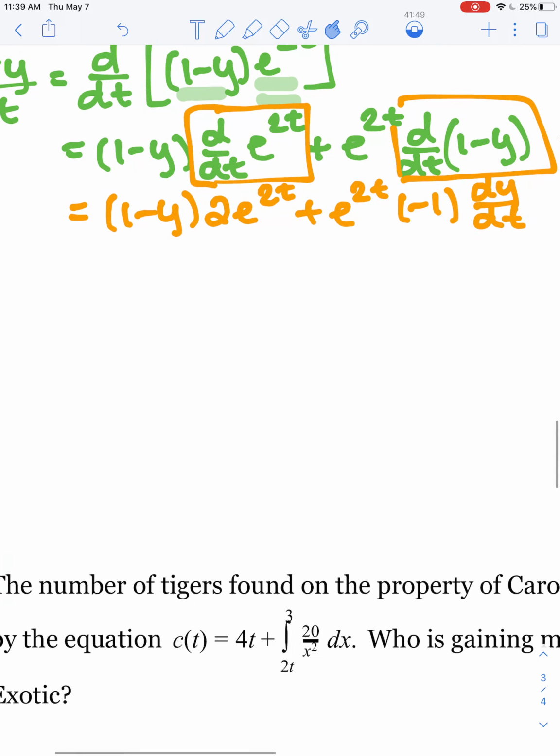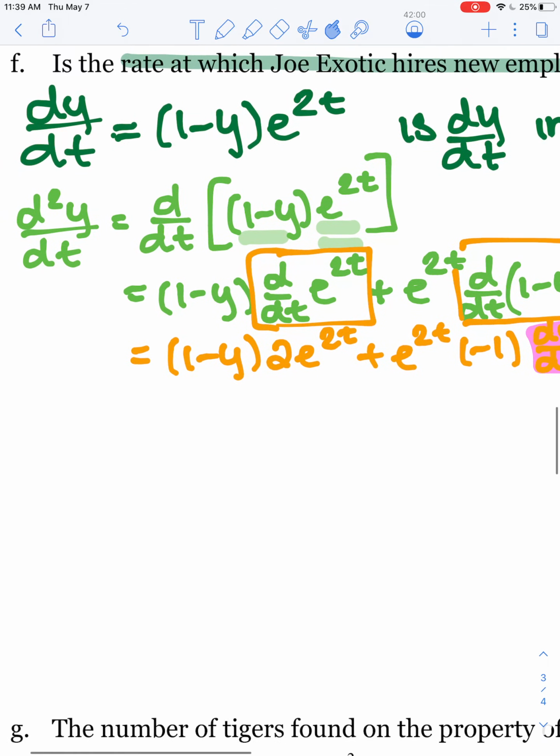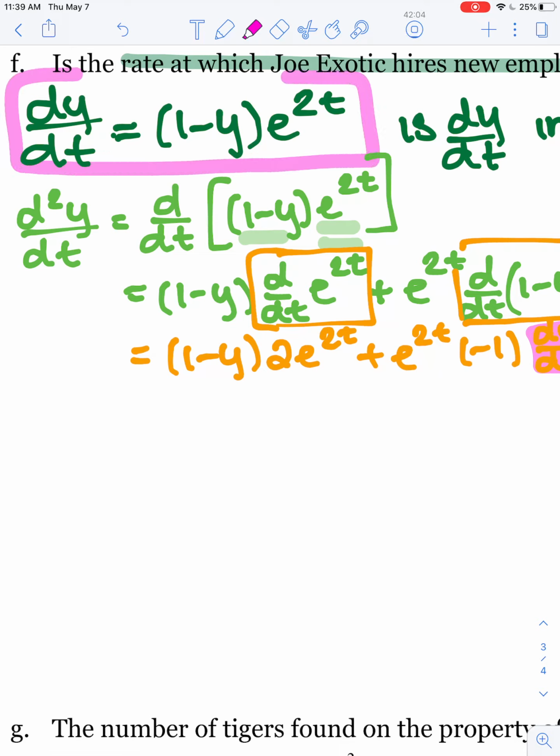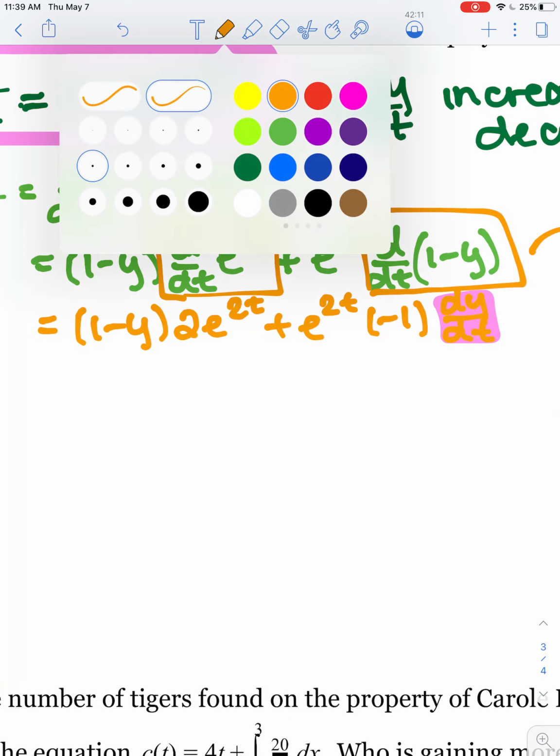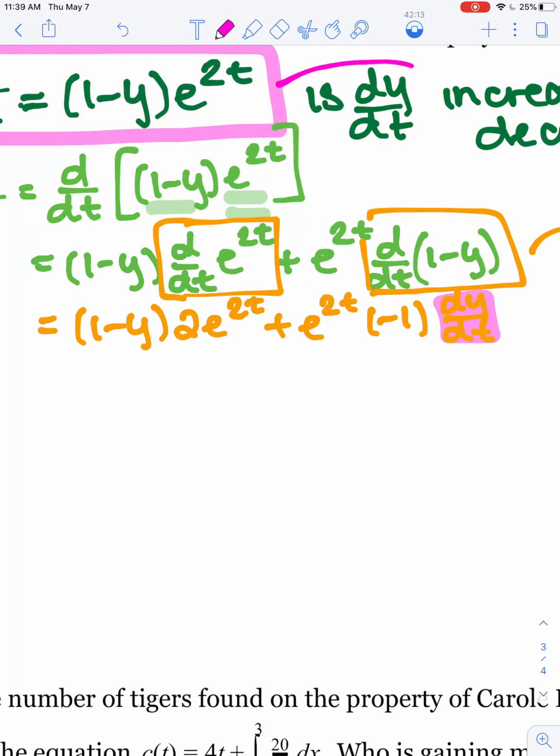So this is our second derivative, right? But what's interesting is that it's in terms of a differential equation. So we actually need to go ahead and substitute that expression in. We were told that dy/dt is the product of 1 minus y and e to the 2t. So we need to make that substitution in order to write the second derivative in terms of y and t, not in terms of the derivative.